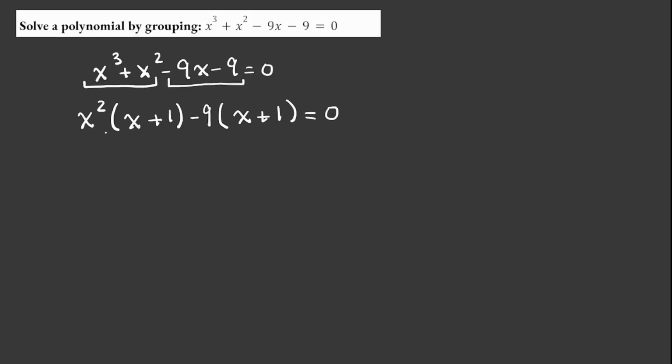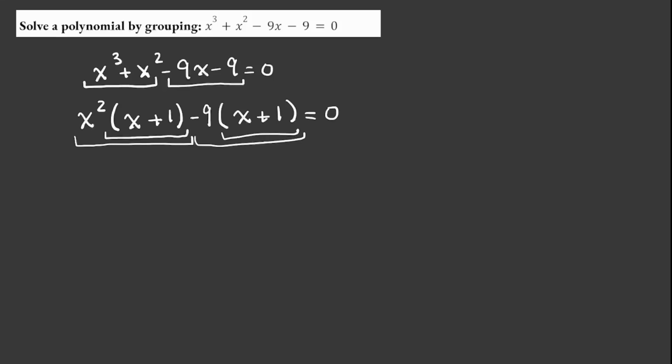Notice that in order for this method to work, both of these factors have to be identical. If they are not the same, then this method does not work. So now I have x squared times x plus 1, and I have minus 9 times x plus 1.